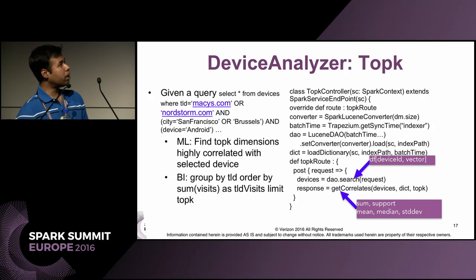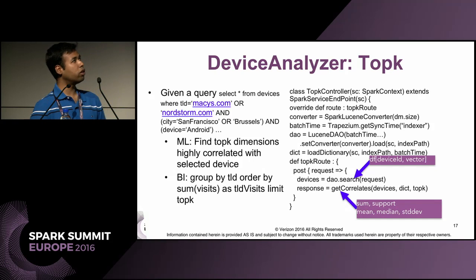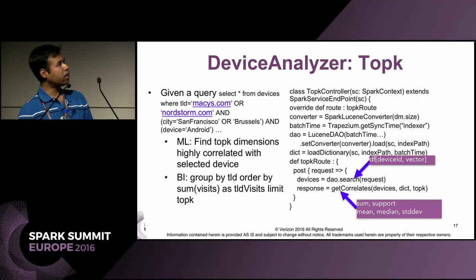Now, how do you implement an API workflow, right? The problem we are trying to solve with API is to find top K. What does this mean? Given a query that comes in, like select star from the devices that we have where the top level domain is Macy's.com and the city is, say, San Francisco or Brussels, the machine learning part of it wants to find the top K dimensions that are highly correlated with the selected devices that the query picks up.